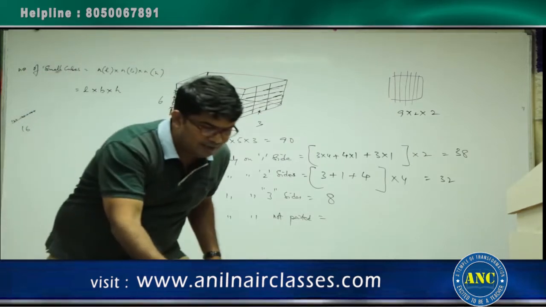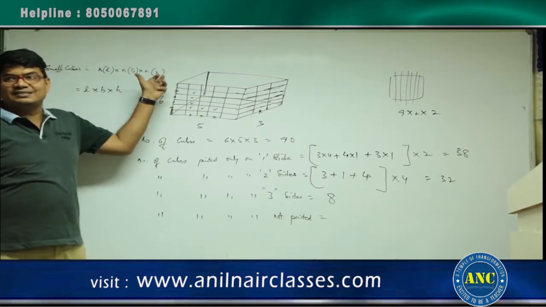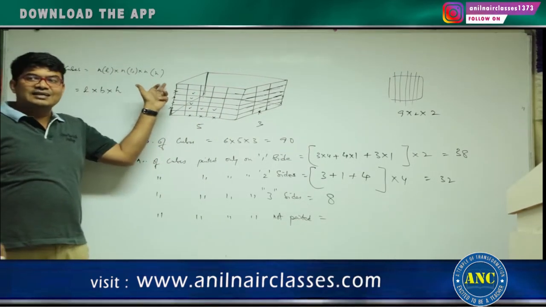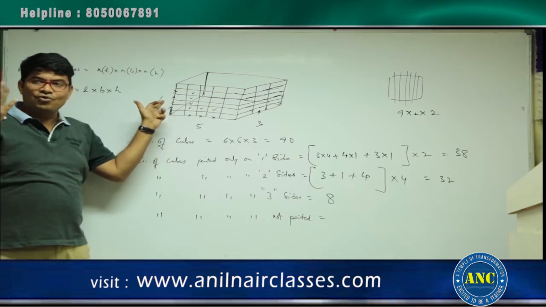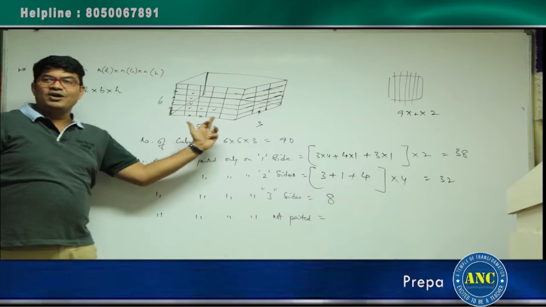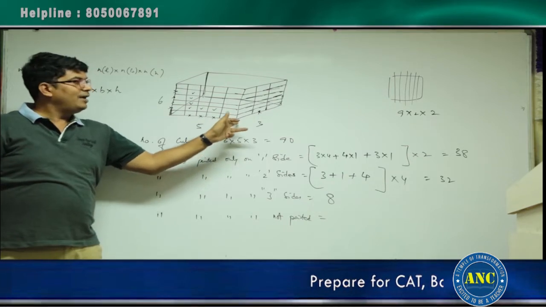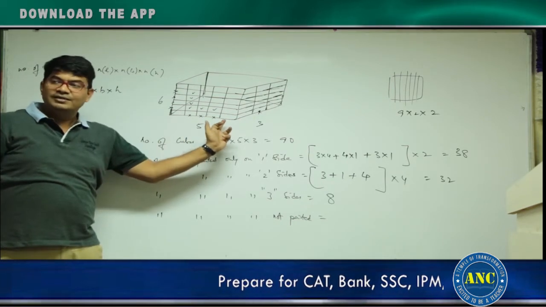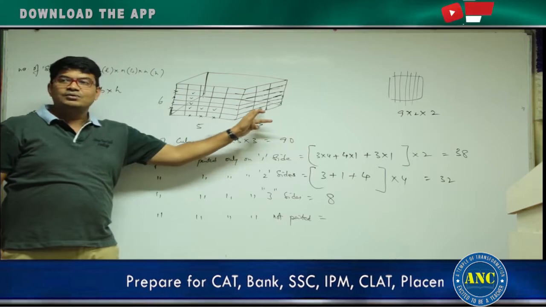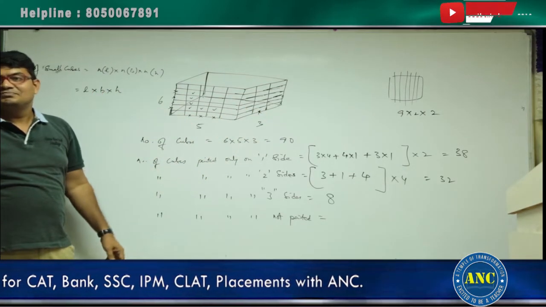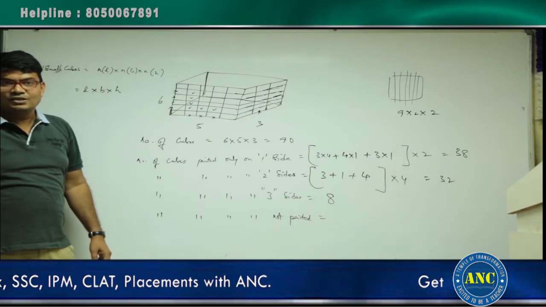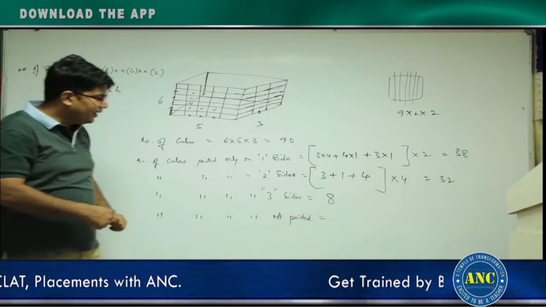So imagine if your height is 6. The ones that are inside, the height will be how much? 4. Breadth will be how much? 3. Length will be? 3. What about breadth? 1. 1 into 3 into 4, 12. Yes or no? Why are we taking so much time?